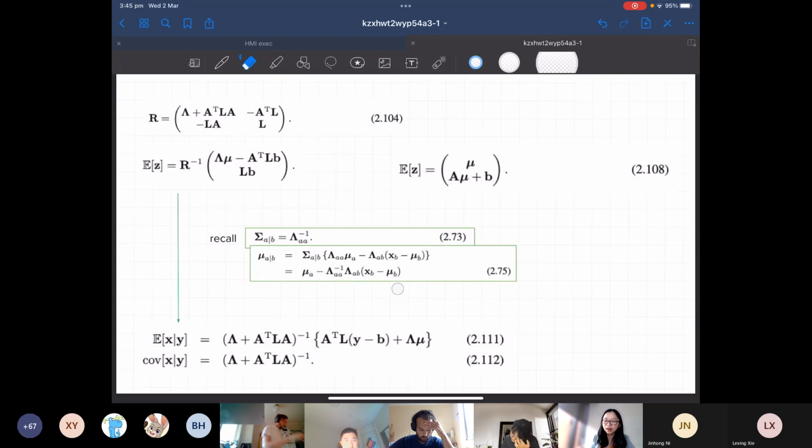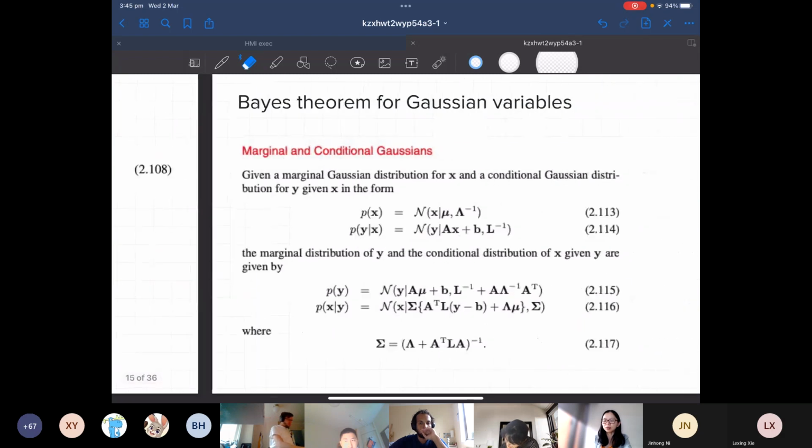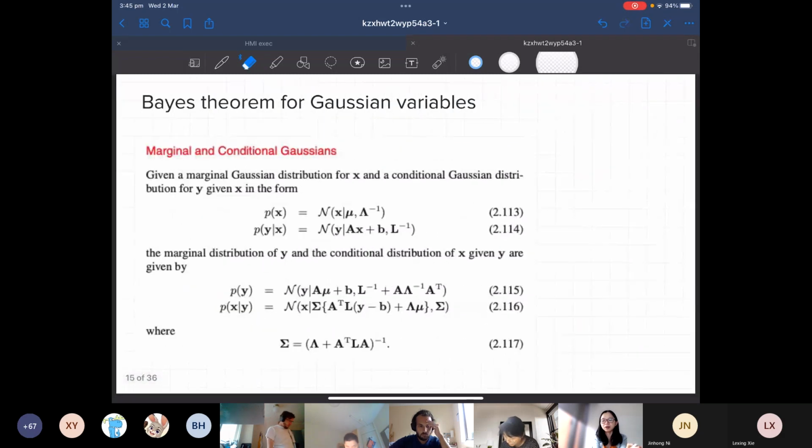And if we plug in the last equations we suffered through in the first part on conditional Gaussians, we should get something like this for the conditional distribution of x given y, which is the messy part. In the book, they give the covariance matrix of x given y a name and then express this whole thing. So here's the result summarized.